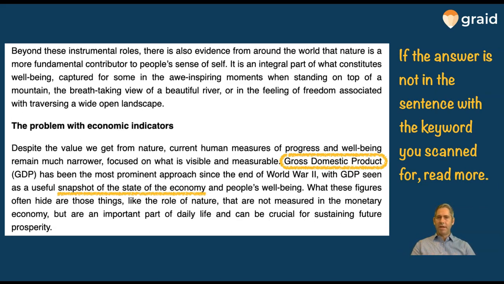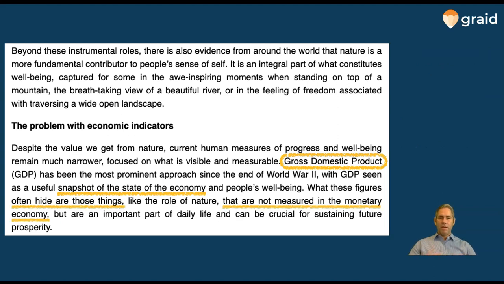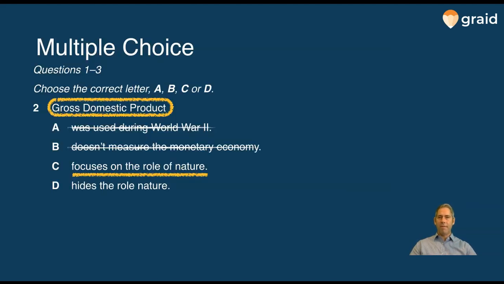Gross domestic product has been the most prominent approach since the end of World War II, with GDP seen as a useful snapshot of the state of the economy. I need to read more to double check. What these figures often hide are things, like the role of nature, that are not measured in the monetary economy. So that seems to contradict what we have here.